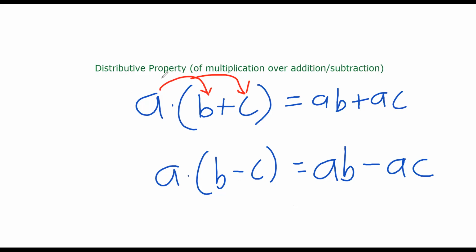Where it's really confusing is that if A is a negative number, it's going to negate these values, so it might turn it into subtraction. You just have to know when to do what. We'll give you a second to write that down, and then we'll look at a couple examples of distributive property because it does show up a lot.